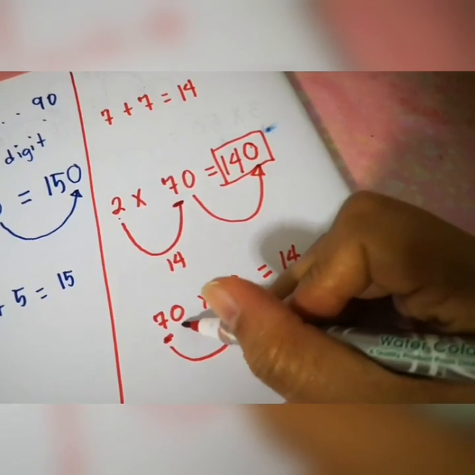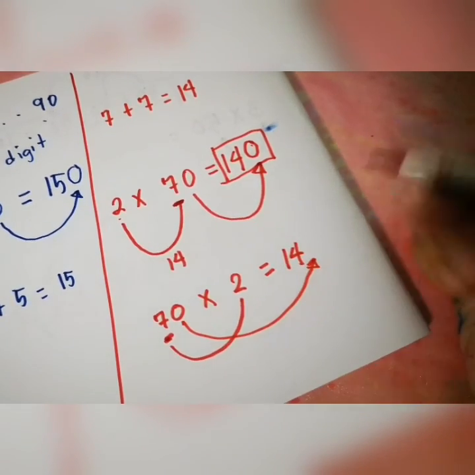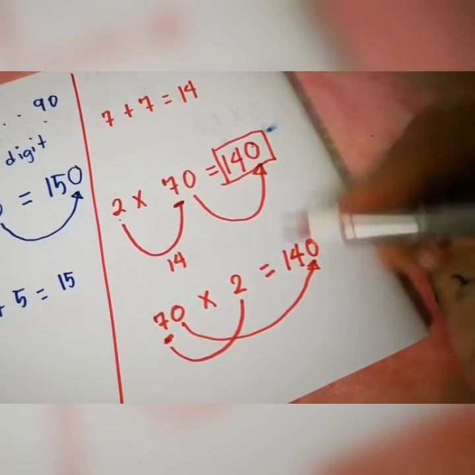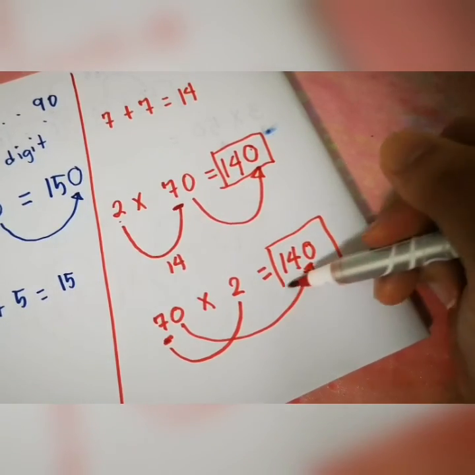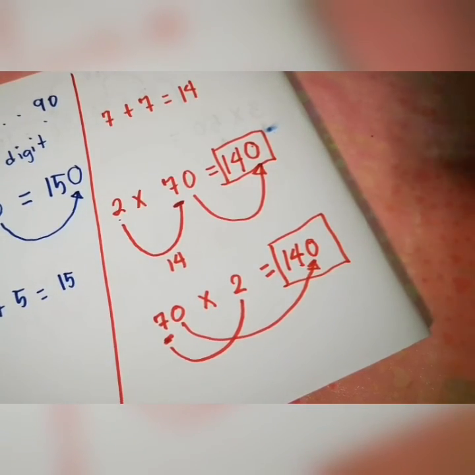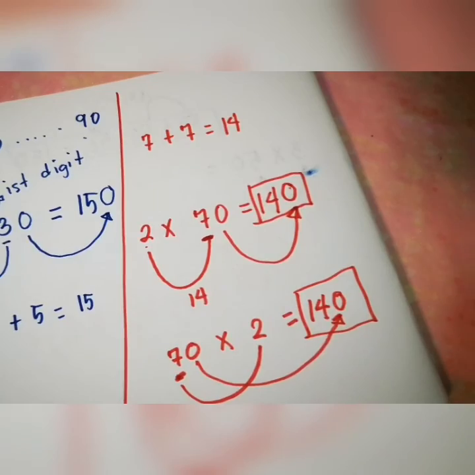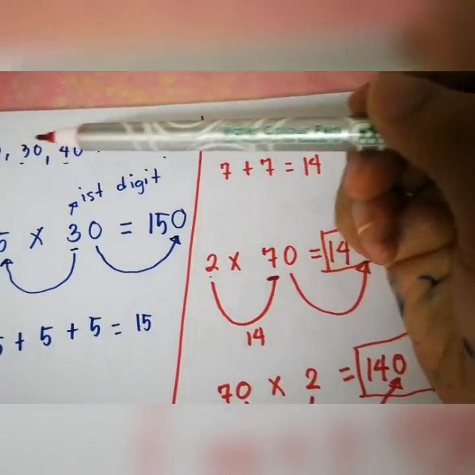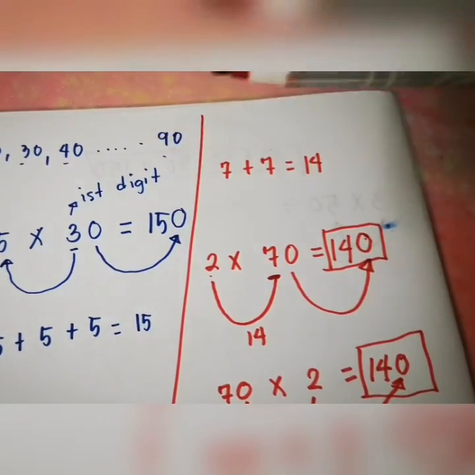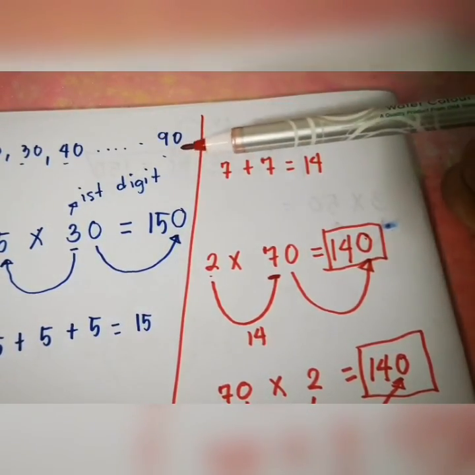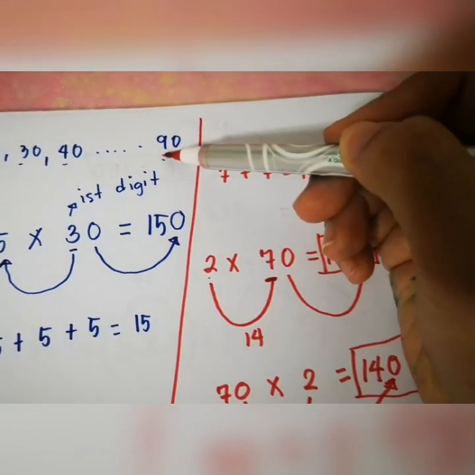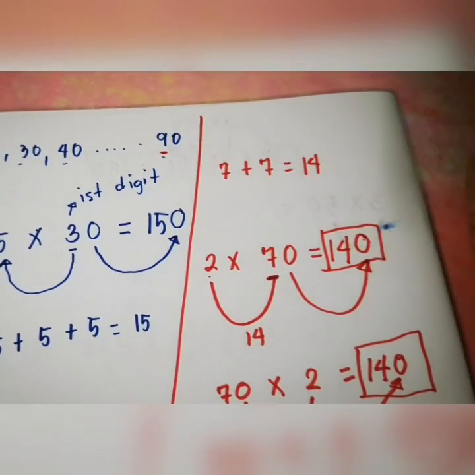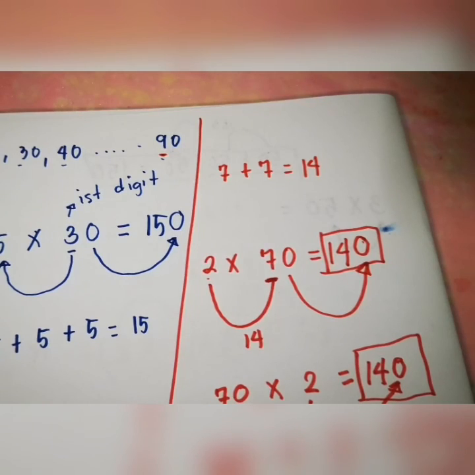And then we put 0 next to number 14, which gives us the same answer, 140. So just remember again, if we use the numbers 10, 20, 30, 40, 50, 60, 70, 80, 90, just multiply the first digit and then add 0 to your answer.